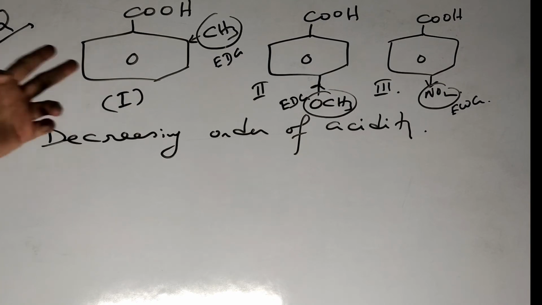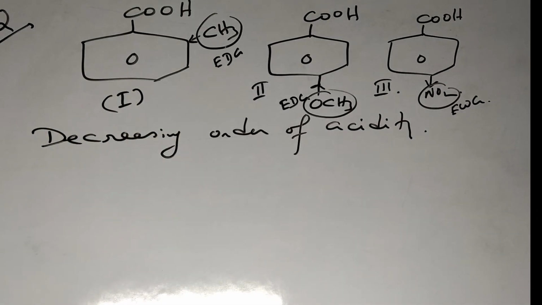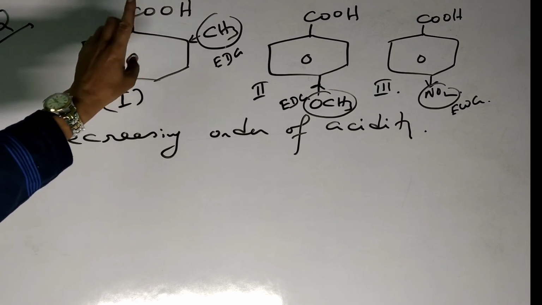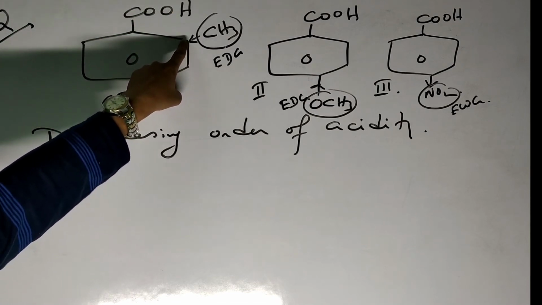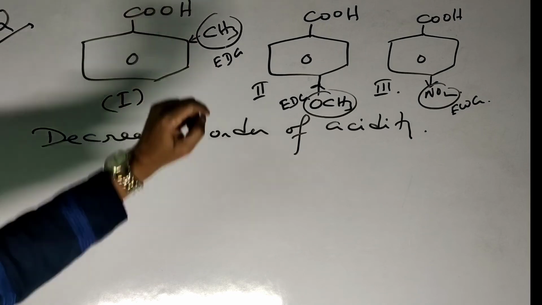Now this is ortho effect. So remember it. Whenever any question will come, whether in board or in entrance, always see if it is aromatic carboxylic acid, whether there is any substituent at ortho position or not.